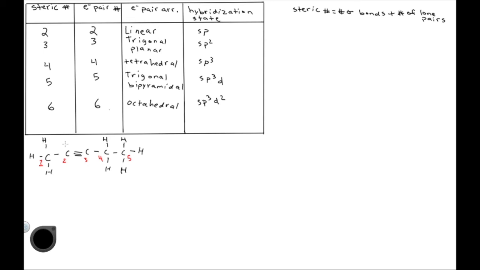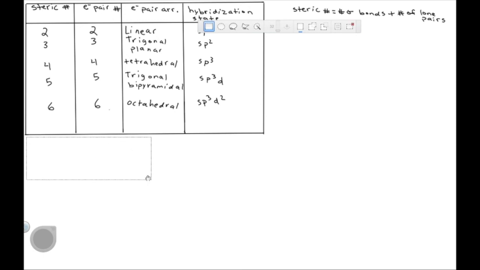So now let's move on to our final molecule. So for our final molecule, we have a carbon double bond.